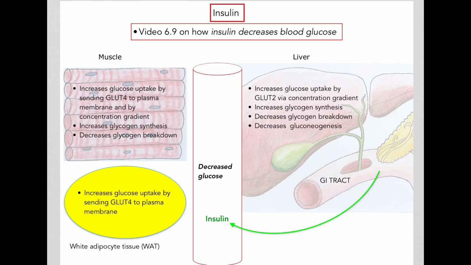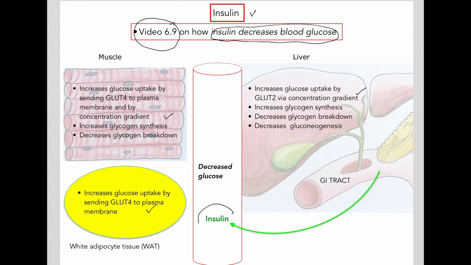Now, as we discussed in previous videos on metabolism, there are several hormones that affect glucose metabolism. One of them is insulin. If you go back to video 6.9, we discuss all the various effects of insulin on the liver, on adipocytes, on muscles. The end result of this is that insulin decreases blood glucose.